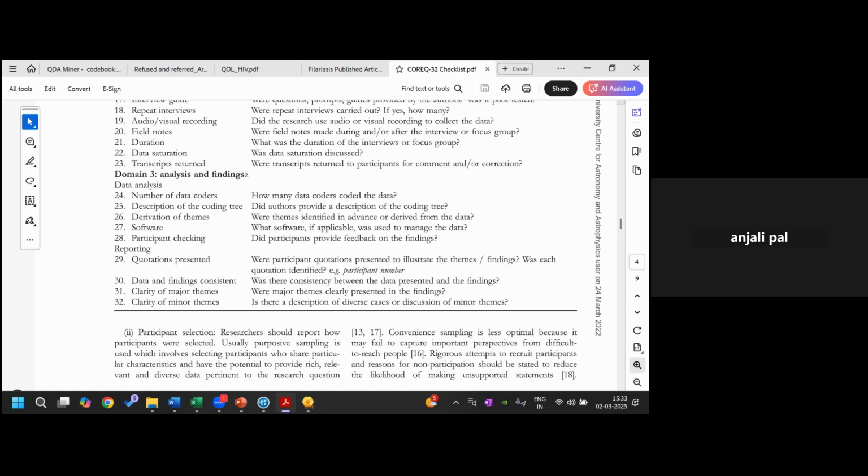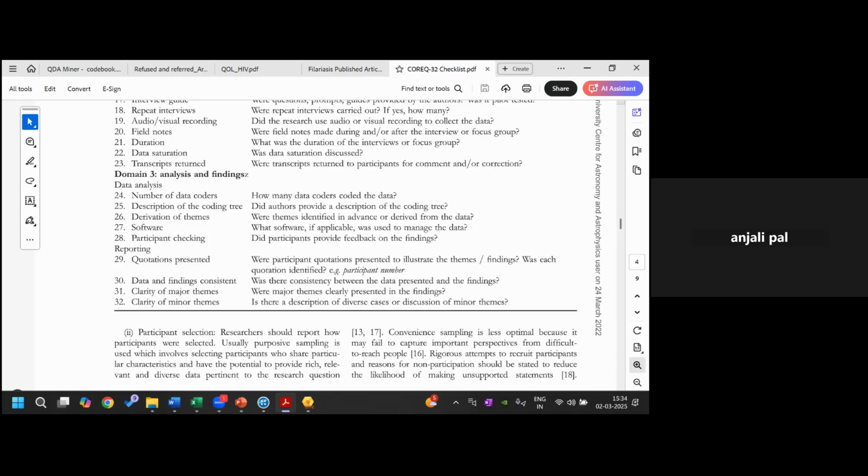Software: what software, if applicable, was used to manage the data? Participant checking: did participants provide feedback on the findings? Reporting, quotations presented: were participant quotations presented to illustrate the themes and findings? Was each quotation identified, for example, by participant number? Data and findings consistent: was there consistency between the data presented and the findings?